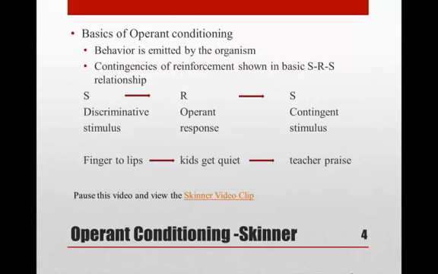Okay? So one thing that we want to look at with operant conditioning is that all behavior is emitted by the organism. So behavior is something that the organism puts out. And the contingencies of reinforcement, or the way operant conditioning works, is shown in this basic SRS relationship, with the first S being the discriminative stimulus, the R being the operant response, and the second S being the contingent stimulus.